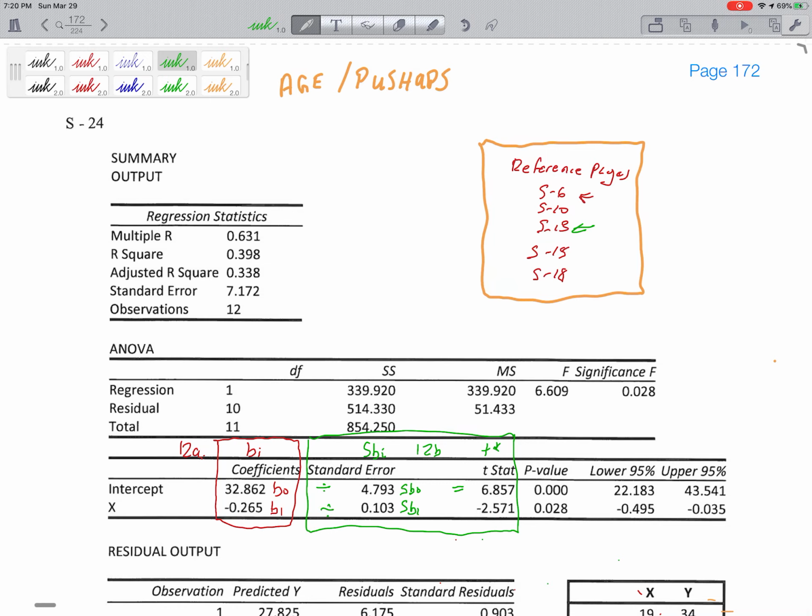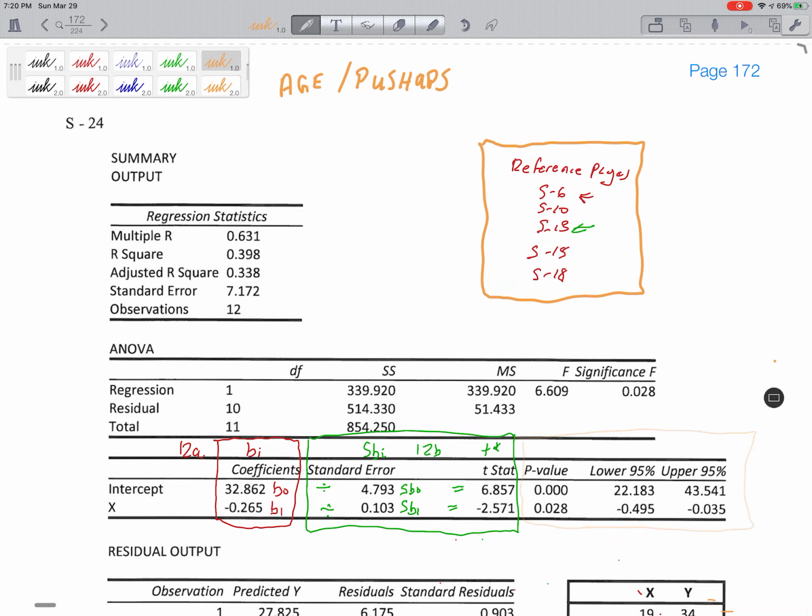Then we did the same for the slope, minus 0.265 divided by 0.103, and that gave us a t star of minus 2.571. So that's 12b. 12c says the p-values for the t-tests, and also the confidence intervals. We'll take a look at that as well.